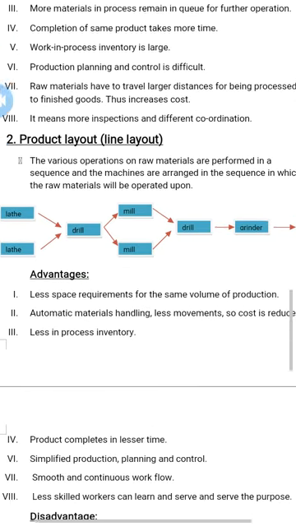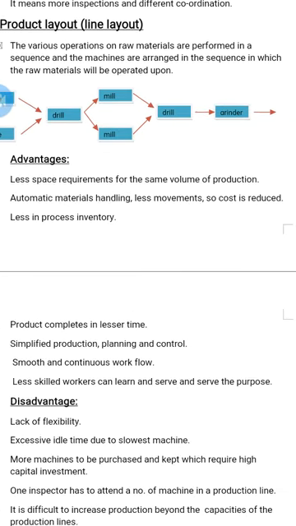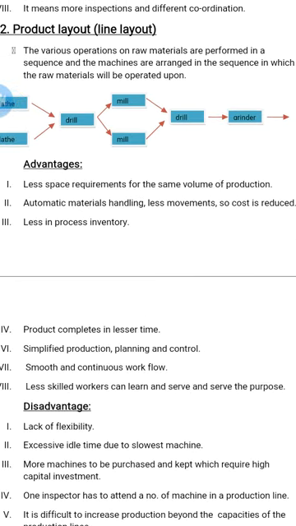So the next layout is product layout or line layout. This is adopted for mass production. In mass production, the industry produces a large number of products, but the variety of product is very less.